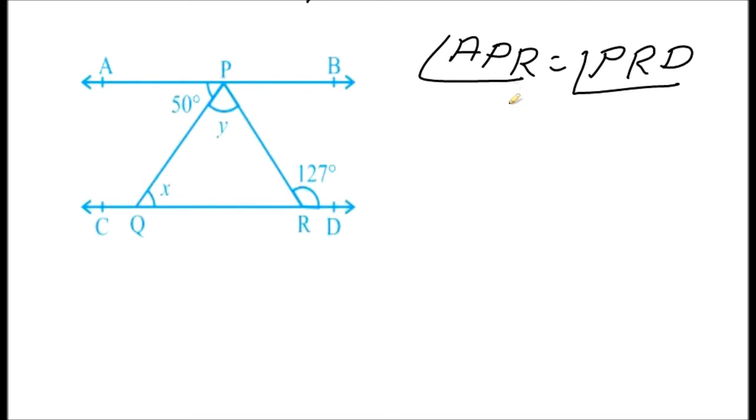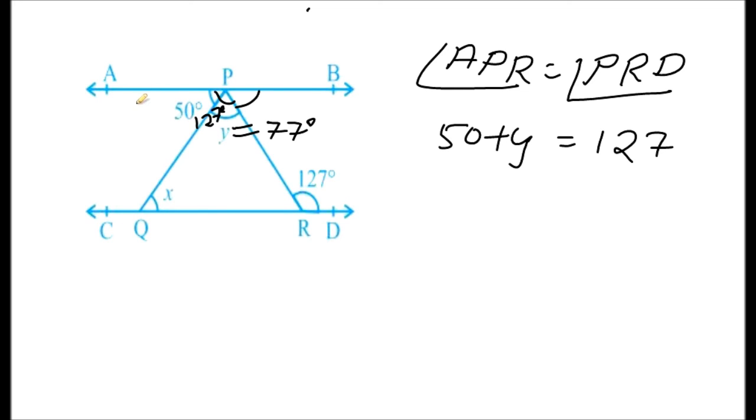So this angle APR, which is 50 plus Y, is equal to 127. So from this, Y is equal to 127 minus 50. So it is 77 degrees. You got the value of Y.